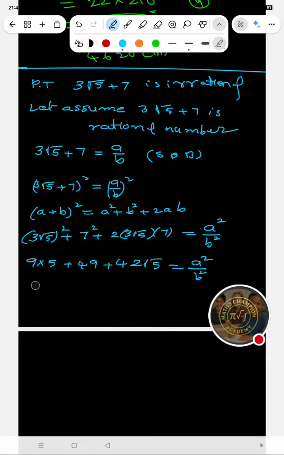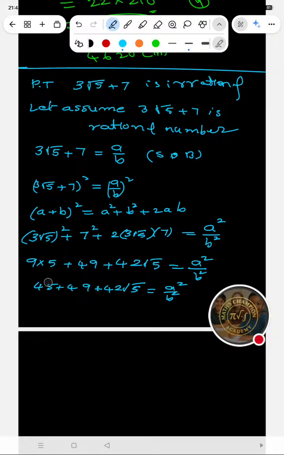So 9 fives are 45, 45 plus 49 plus 42 root 5 is equal to a square by b square. 49 plus 45, how much are you getting? 94.